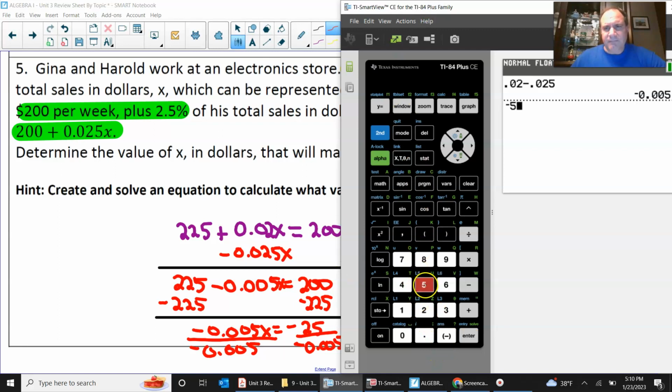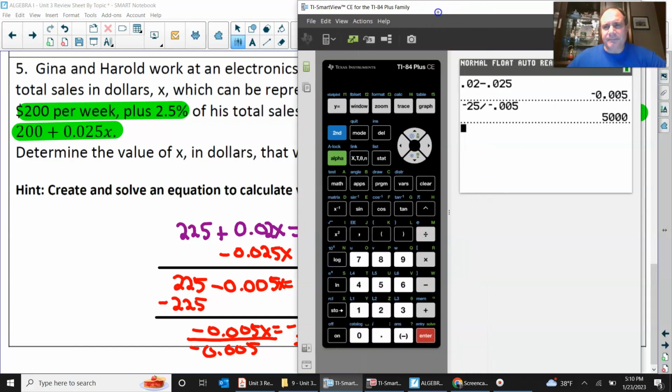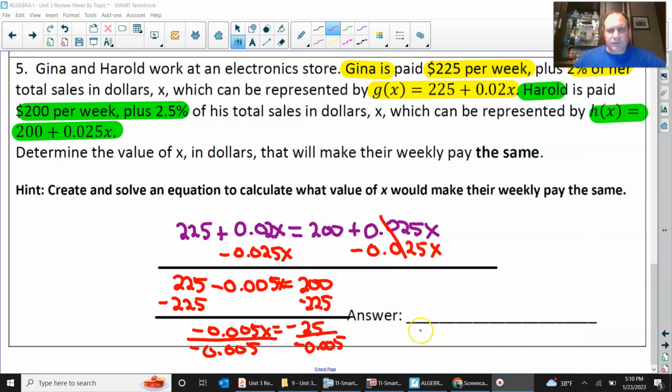Negative 25 divided by negative 0.005, and that's 5,000. So the x equals 5,000.